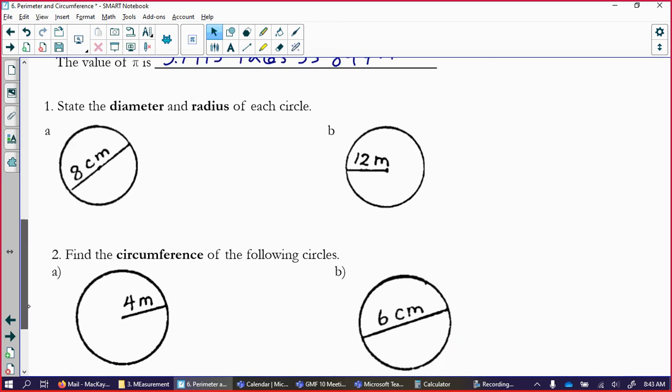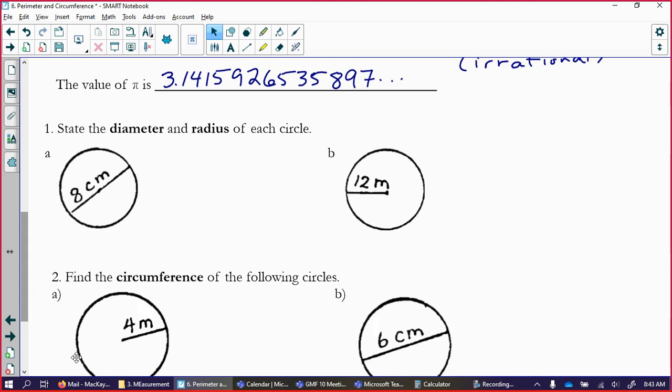So if I go down here, this, because it goes all the way across, is the diameter. So this tells us the diameter is 8 centimeters.